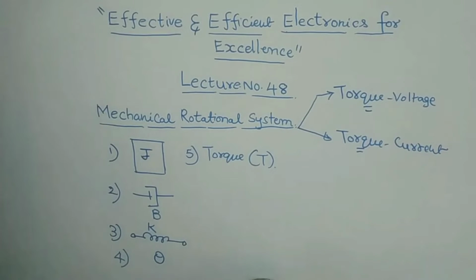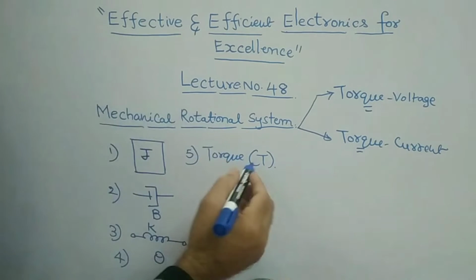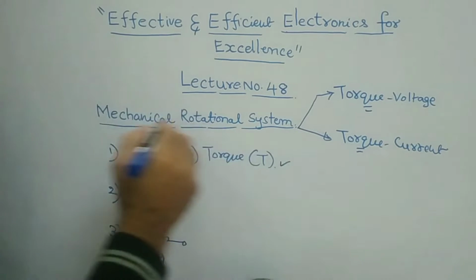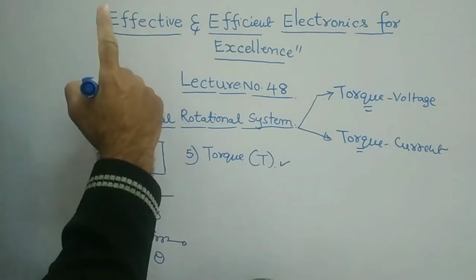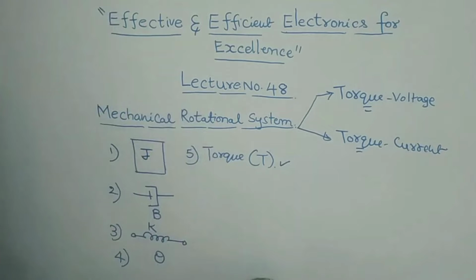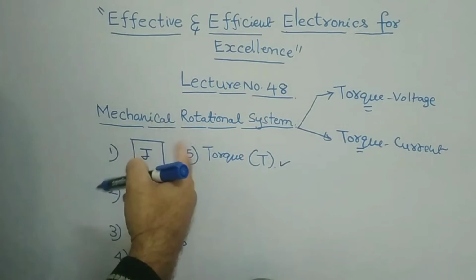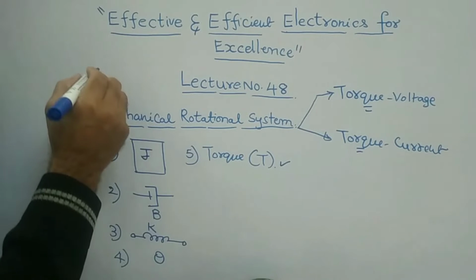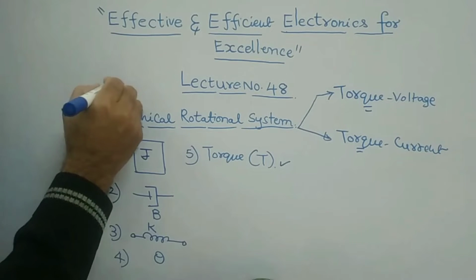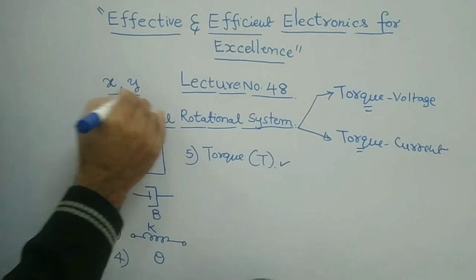The basic difference is that in mechanical translational we have f of t, whereas in mechanical rotational, instead of f of t, you will have torque T. And in the mechanical translational system, the displacement is x, as well as y. These are the displacements we have used.